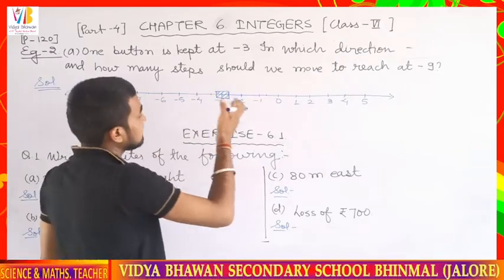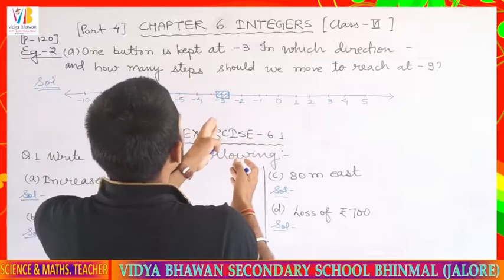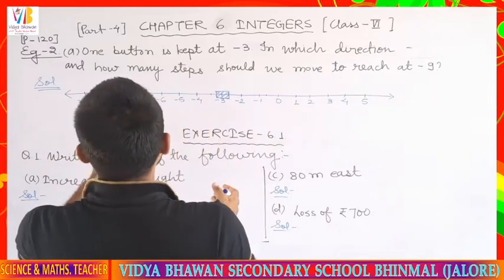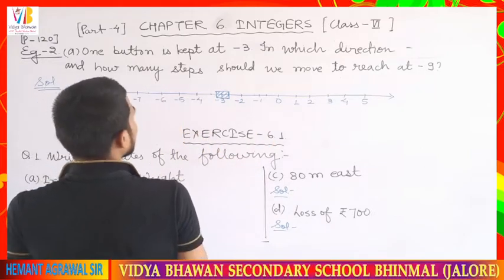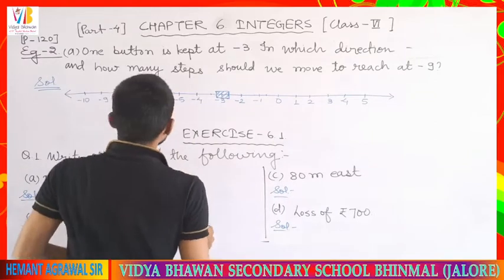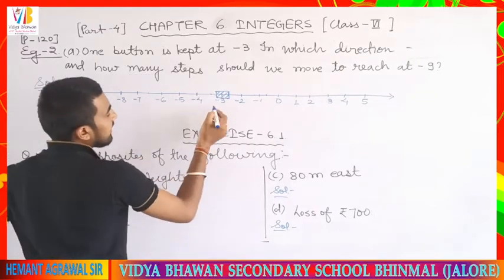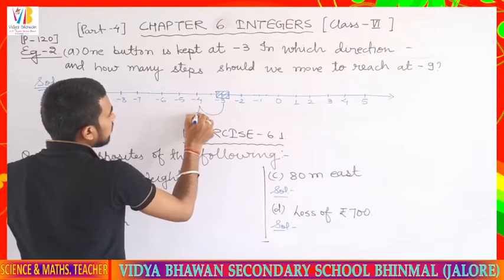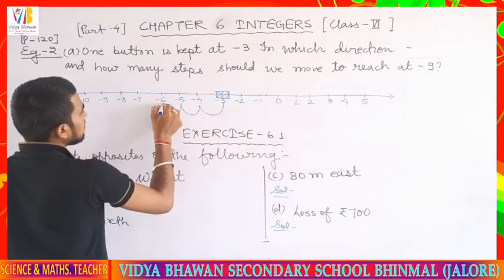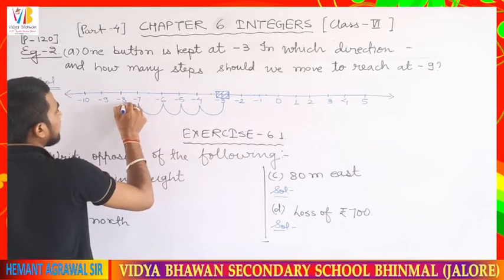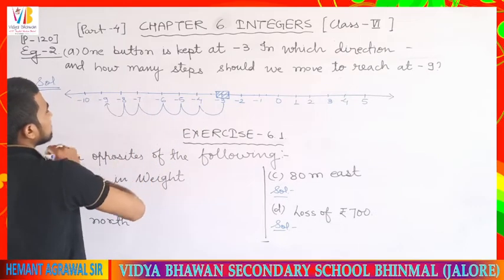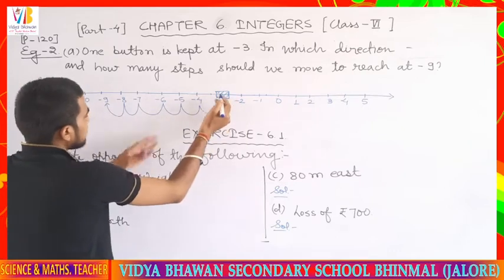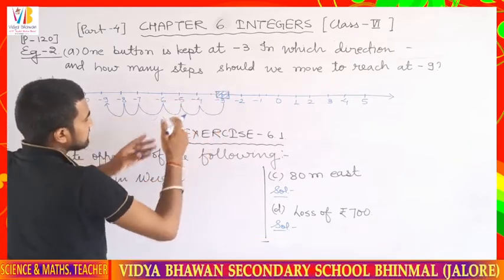So you can see easily, we have to move in the left direction of -3. And how many steps? Let's count here. 1, 2, 3, 4, 5 and 6. This is the left direction from -3.